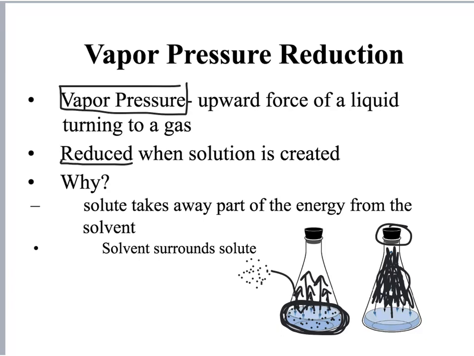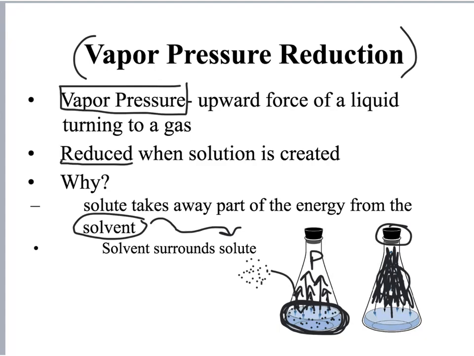So some of the energy from the solvent is now being focused on breaking down the solute instead of turning into a gas and creating that vapor pressure. Because this trait changes with the concentration of the solute, that's a colligative property. So you can reduce the vapor pressure above a liquid by adding solute.